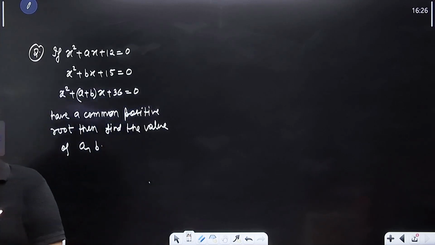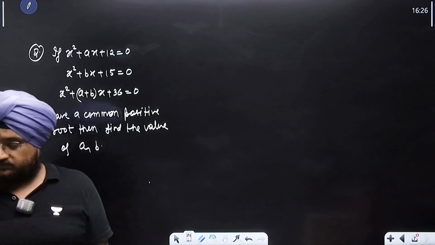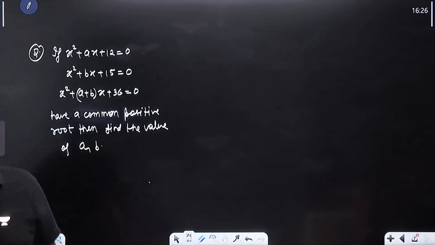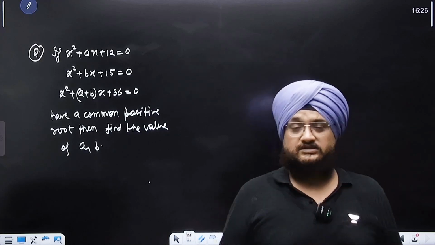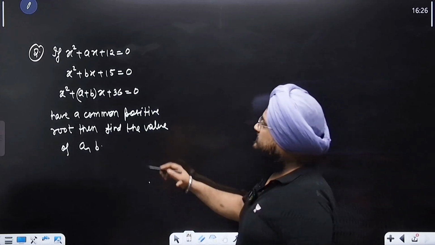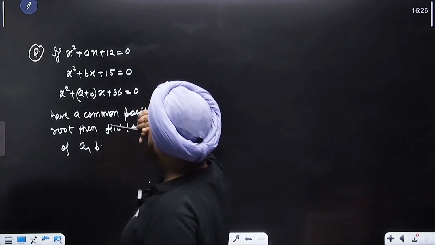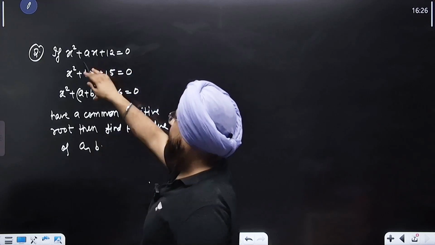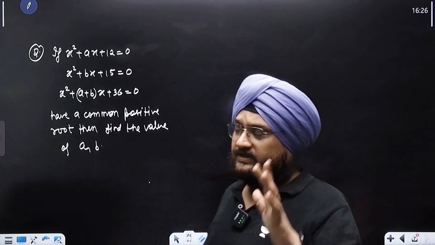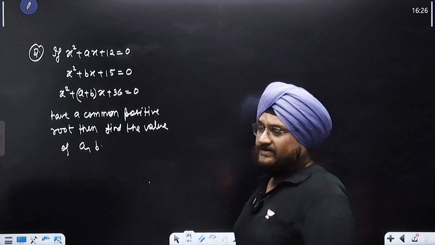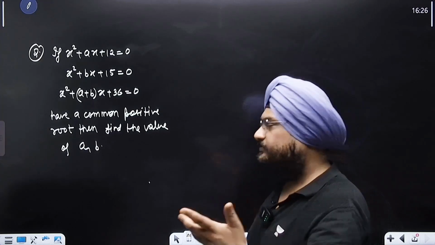Now three equations have a common positive root. So what we can do, we can use the result that if alpha is a root of this equation, alpha is a root of this equation, alpha is a root of this equation, f(x) equal to 0, g(x) equal to 0, h(x) equal to 0, then alpha is also a root of lambda f(x) plus mu g(x) plus nu h(x).